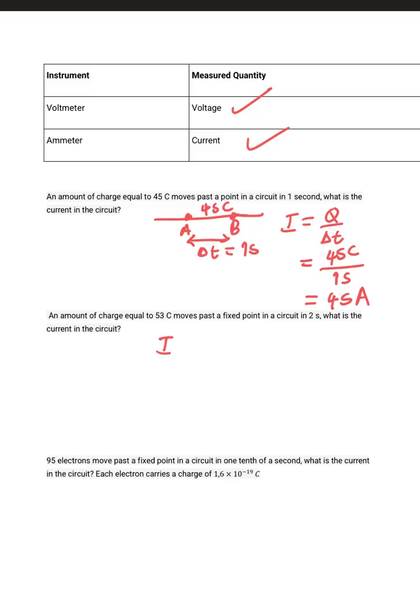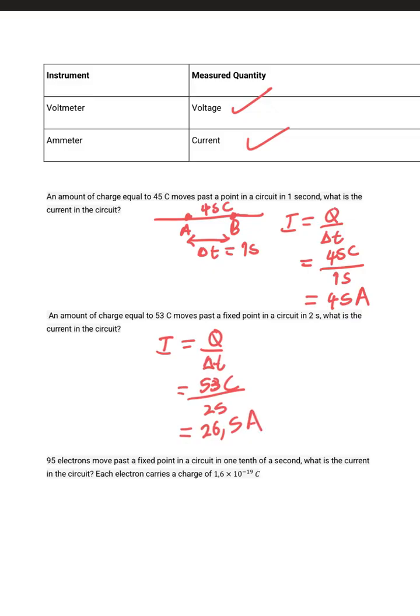The same thing: I equals Q over delta t, so the charge is 53 coulombs over 2 seconds. We know that 52 divided by 2 is 26, so 53 divided by 2 must be 26.5. The answer is 26.5 amperes.